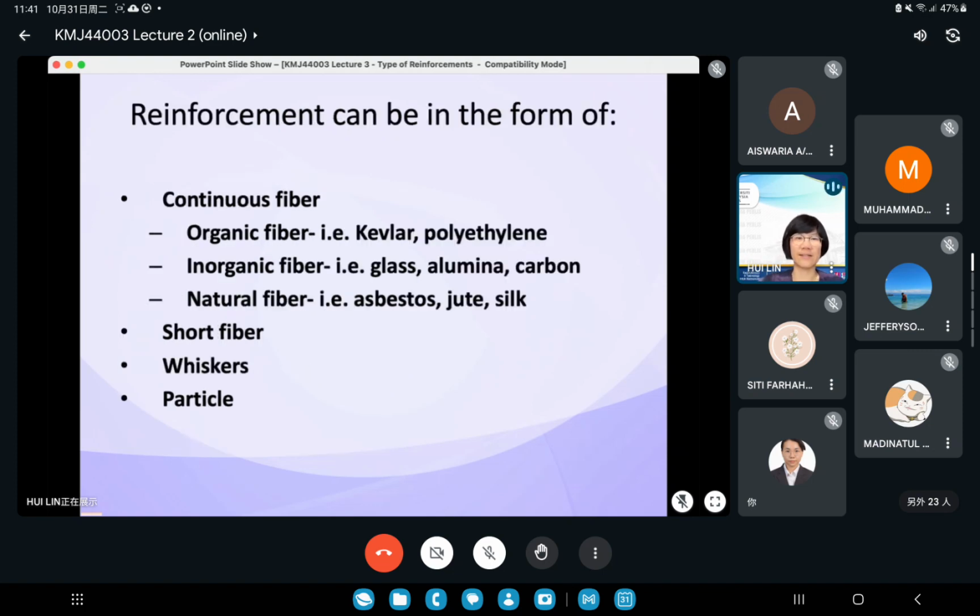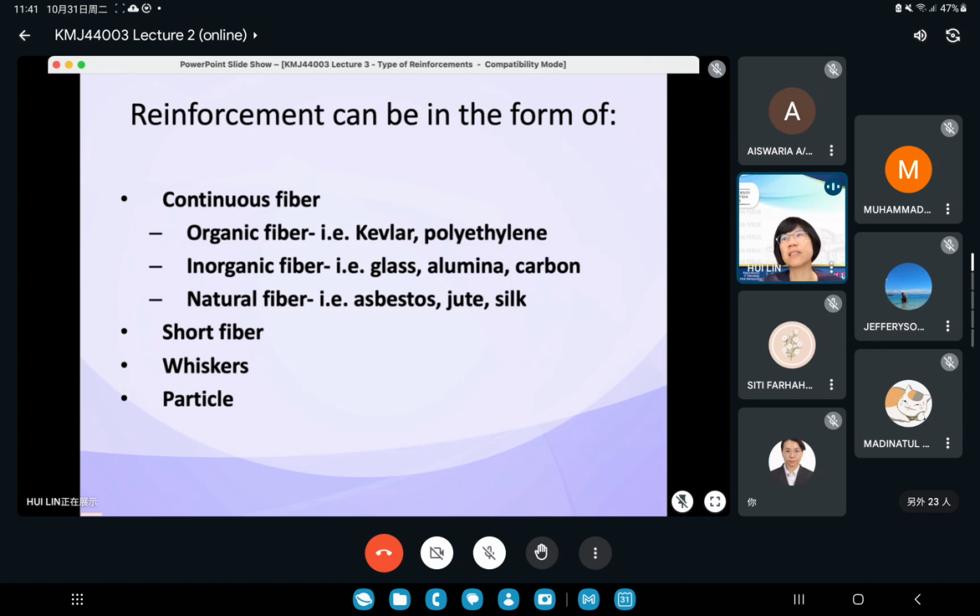In the fourth lecture, after we finish this topic, we will focus on the fiber reinforced composite. The fiber that we usually use as an example is the glass fiber.